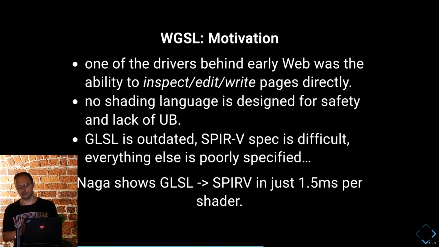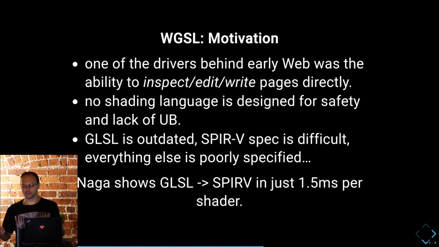Another interesting point that, again, I think Apple pushed is that the success of the early web was because you could actually look at the page and edit it and run. So having a text language that everybody understands allows this. And that's what we have.